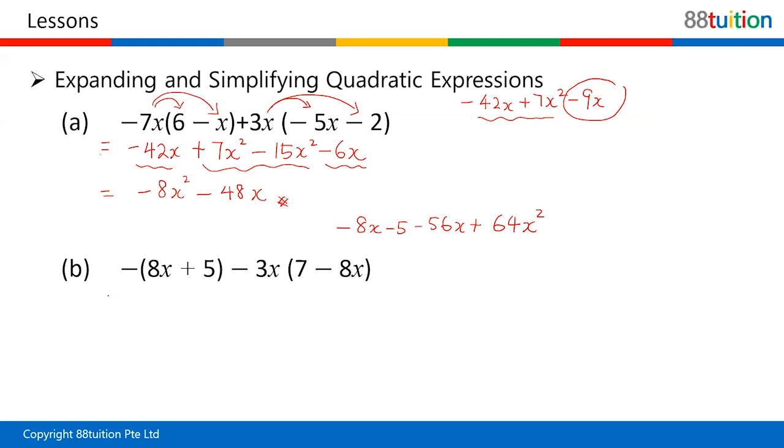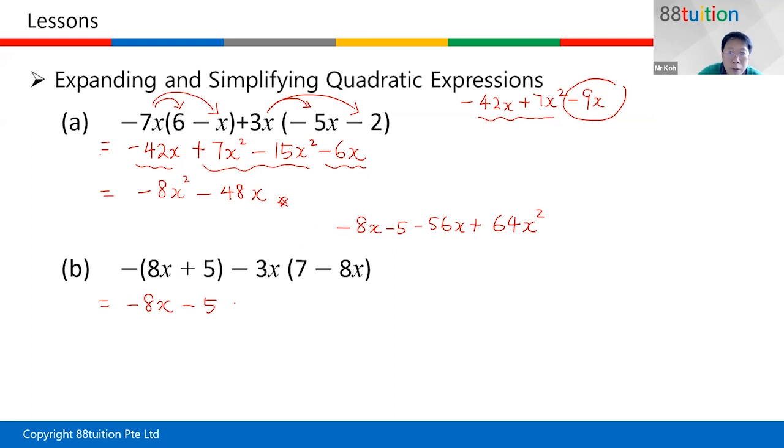So I will do the expansion. So you have minus 8x minus 5 minus 21x plus 24x squared. So you see what happened? I have minus times 8x, so minus 8x. Minus times 5 gives you minus 5. Then the next one, I have minus 3x times 7, so 3 times 7, 21, so minus 21x.